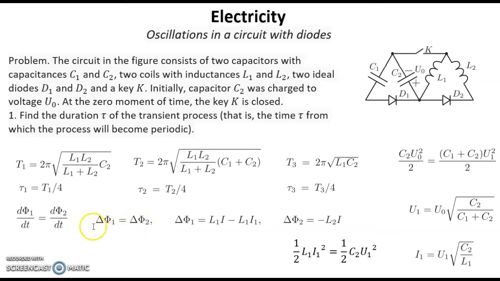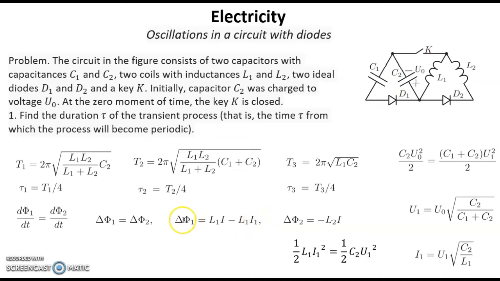But we can calculate the change of the first flux. That will be the final current through this coil multiplied by the inductance of this coil L1, minus the initial inductance multiplied by the initial current.